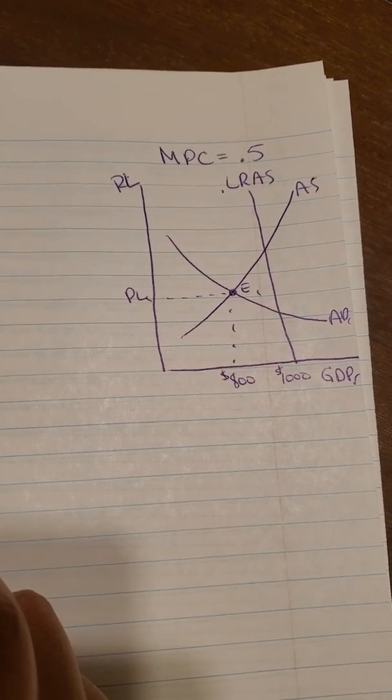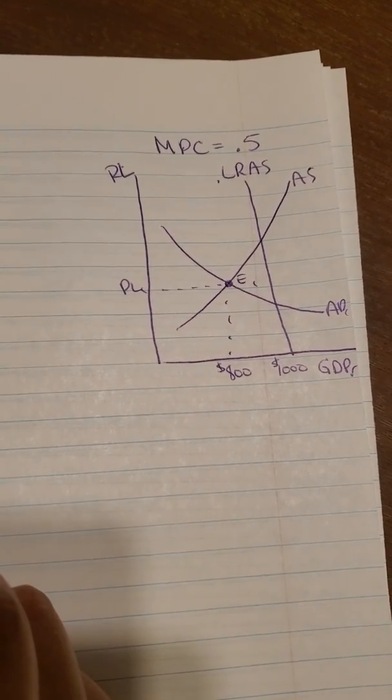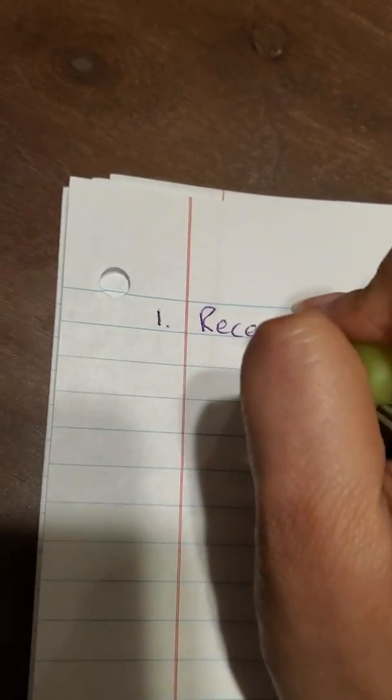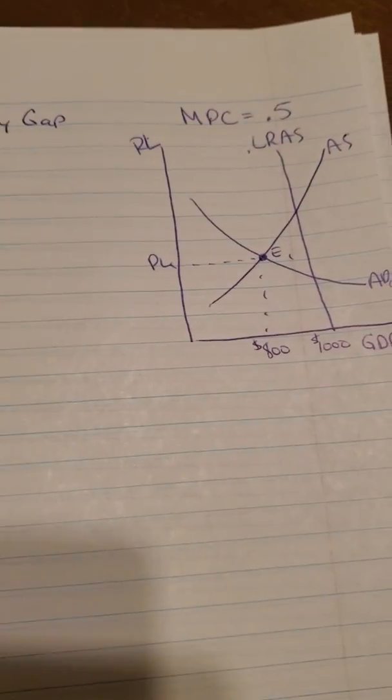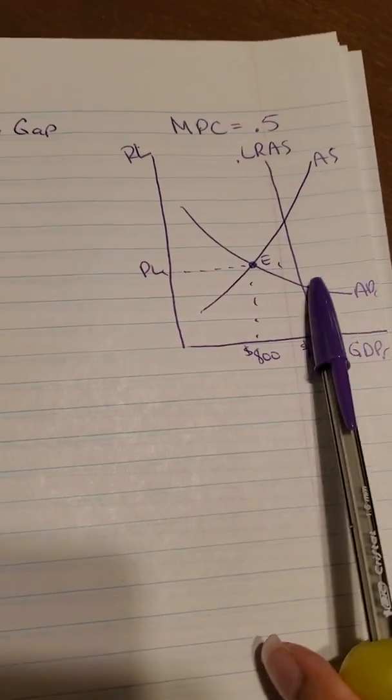So the first question is, what kind of gap is this? This is a recessionary gap. What kind of policy do we need in order to close this recessionary gap and get us back to full employment?